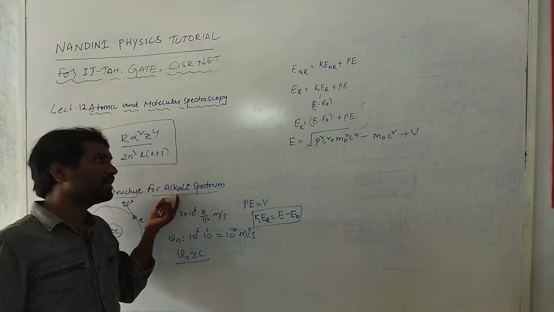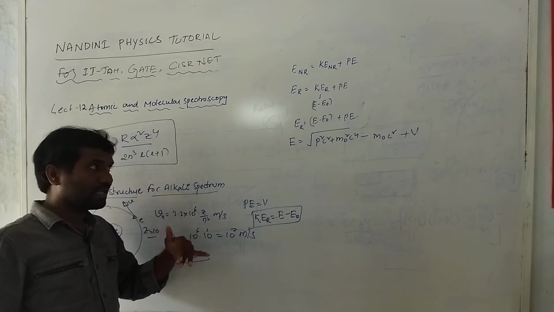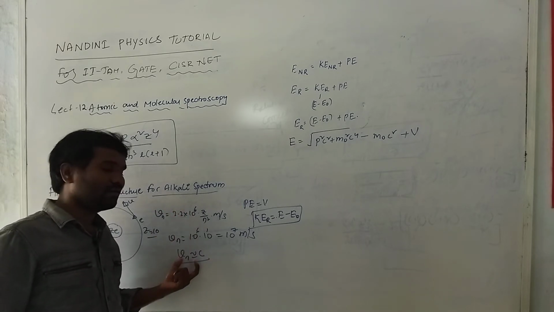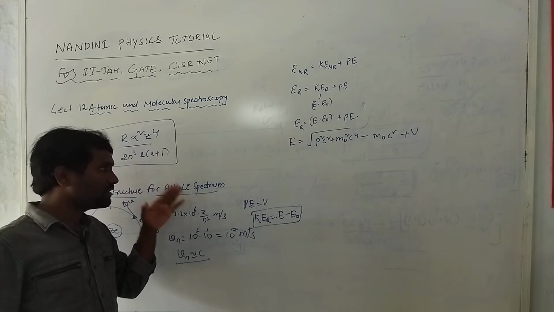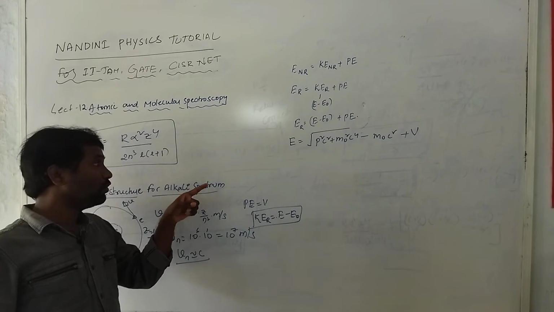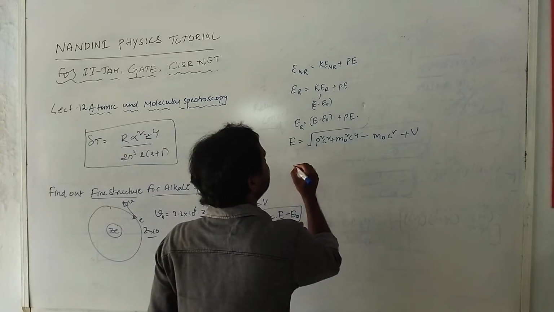Why? Because the alkali spectrum is in the relativistic concept, so we need some corrections to this energy. That is the reason I apply the same principle, using the fine structure concept of the hydrogen atom. So that is the theory.